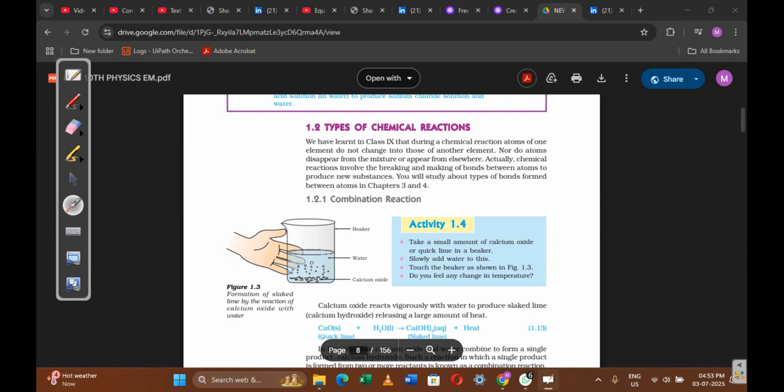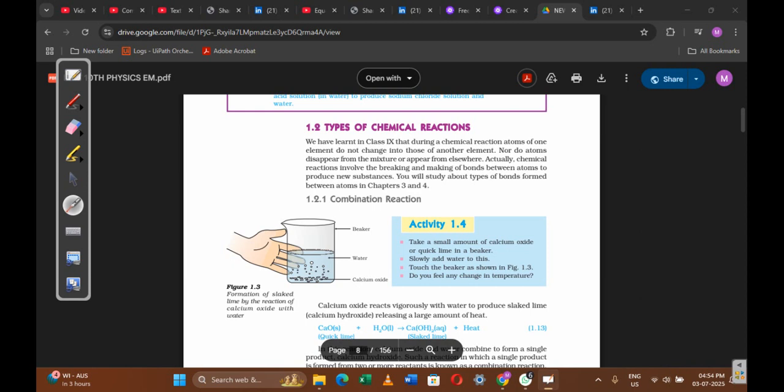These chemical reactions involve the breaking and forming of bonds between atoms. In some substances a bond is formed, and in some substances the bond is broken. Chemical reactions occur like this. Now let us categorize them.